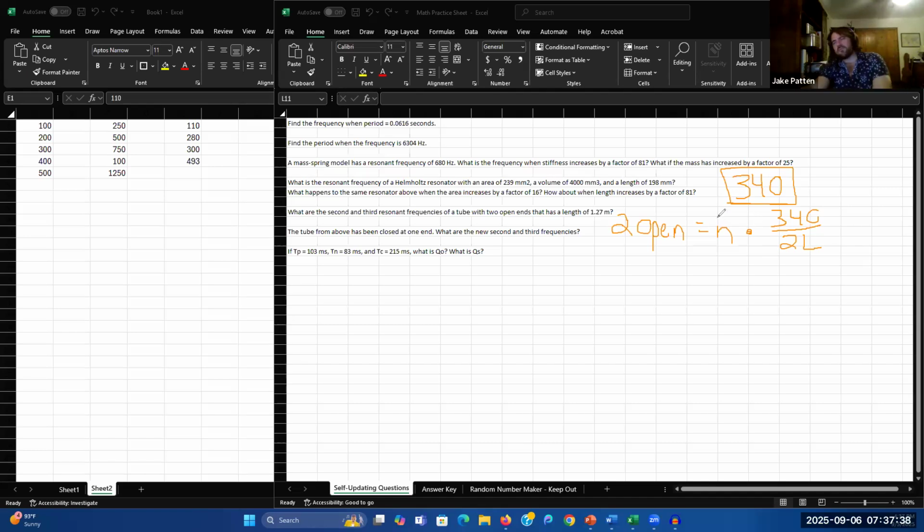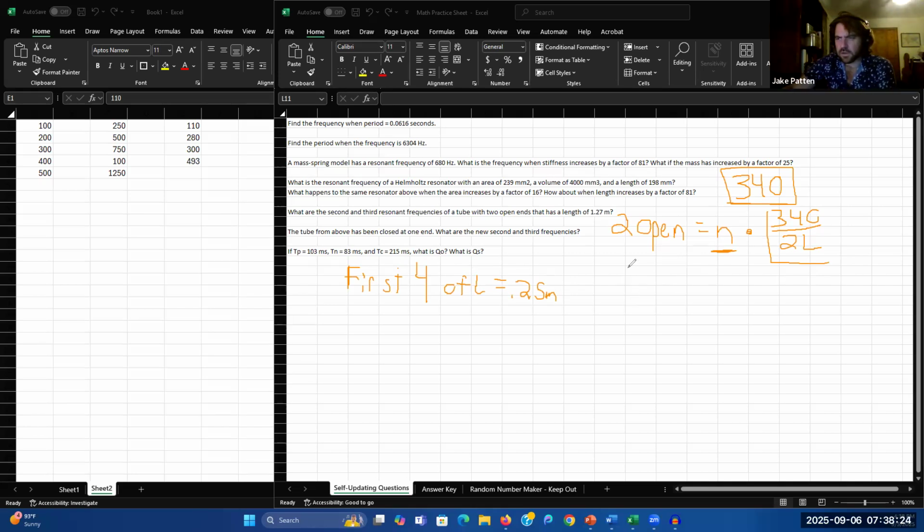So if you're looking for the first 4 harmonics of a tube that's, let's just do 0.25 meters, that's so easy. We're going to ignore the N for now and just solve this part.